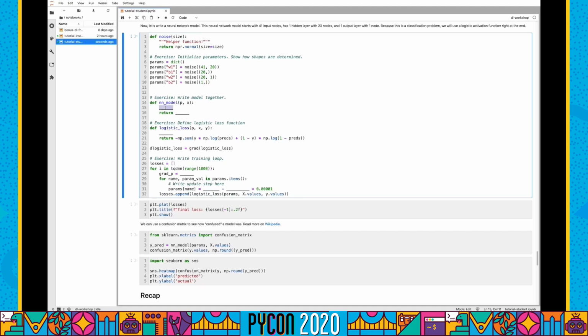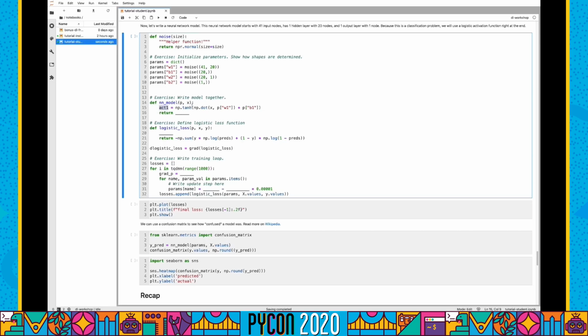Now let's write the neural network together. First thing we're going to do is return the result of the first neural network layer. So we'll do this part. act1 will be equal to np.tanh of np.dot of x with p, the params dictionary, following our convention, w1, and then we'll add p of b1.